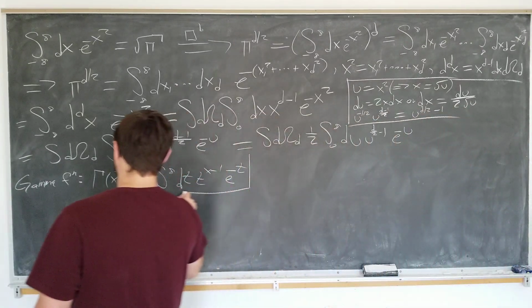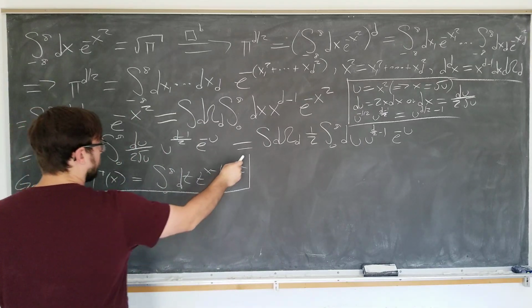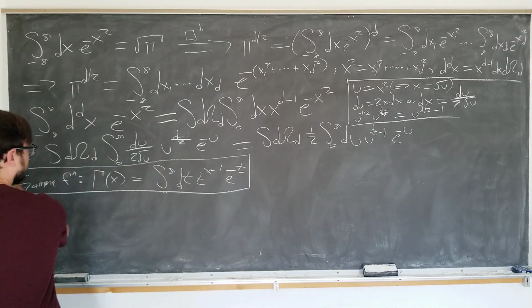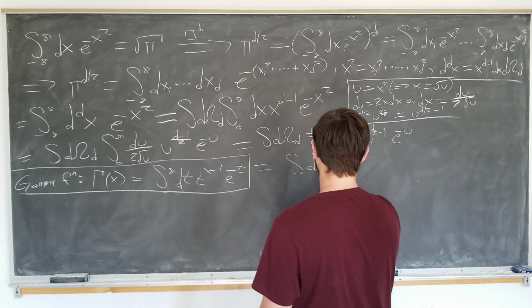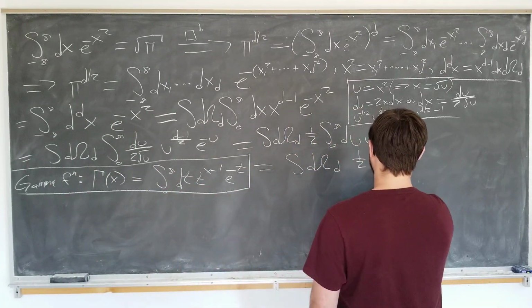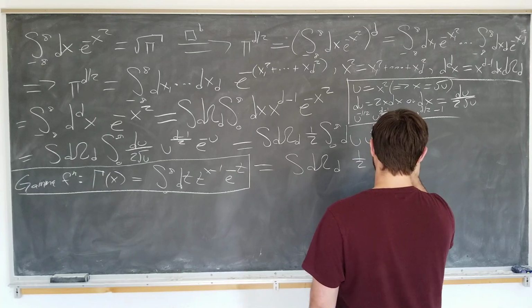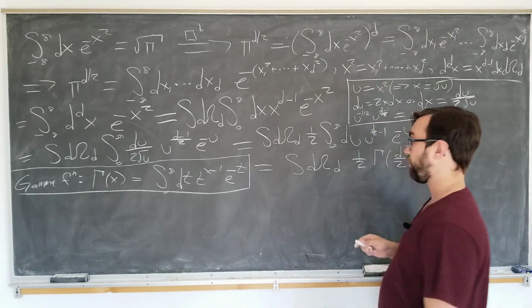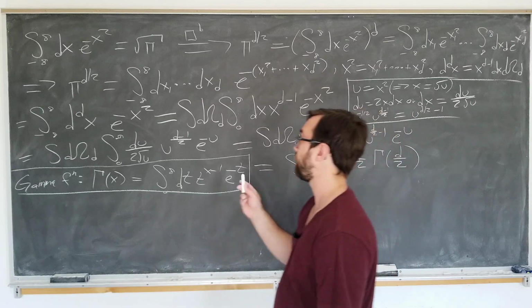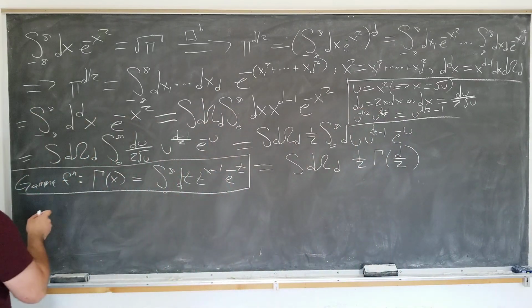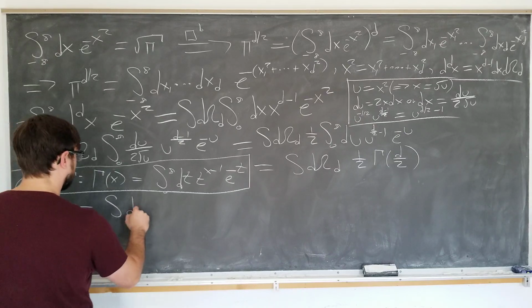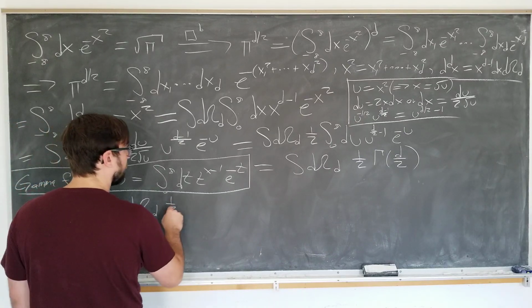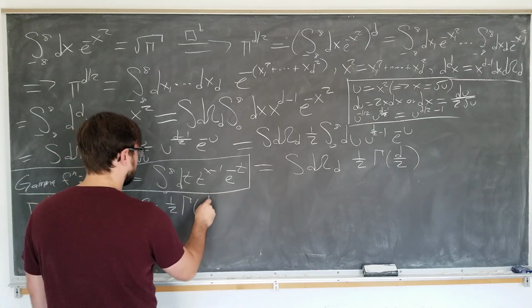So using this definition of the gamma function, pretty straightforward, it's now the integral of dΩ_d times 1/2 gamma function of d over 2. We're done now. We can go ahead and celebrate. And we had pi to the d over 2 up above, which is now equal to the integral of dΩ_d times 1/2 gamma of d over 2.